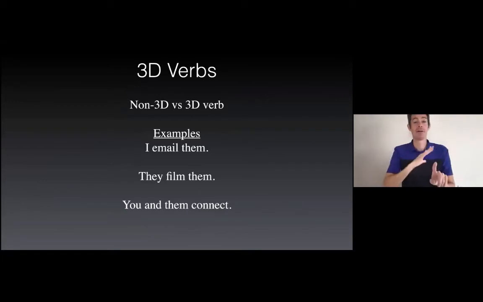I'm incorporating 3D, and it showed that sentence in a clear way. Without 3D, they film them. Now with 3D, I'm showing the direction of them filming in the direction of where they're filming. So it makes it much more clear.